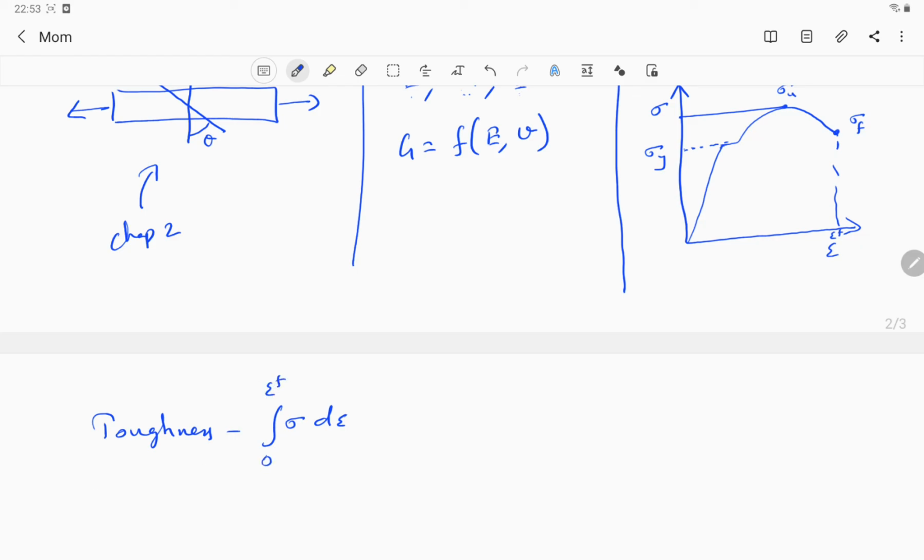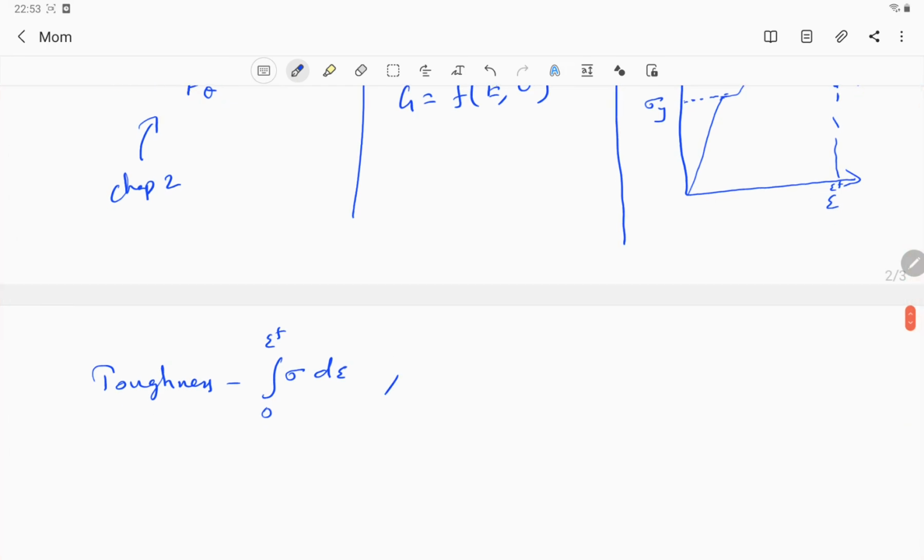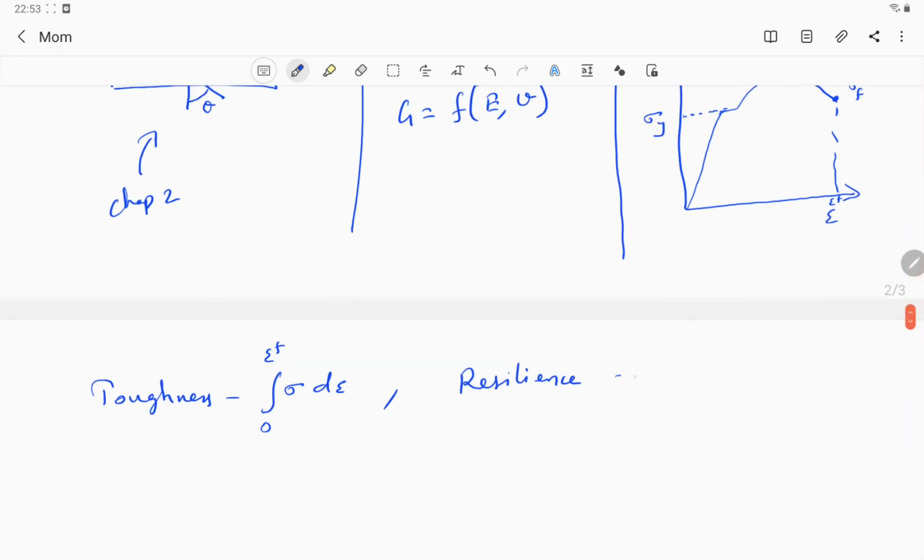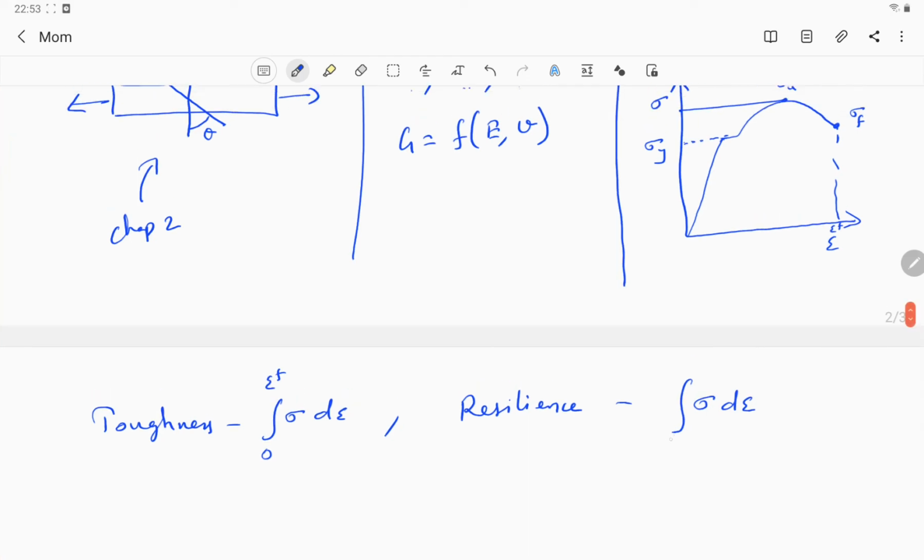That's the toughness. There is another thing called resilience, which is again the integral of sigma d epsilon, the area under the curve, but from 0 to the elastic limit. That's called resilience.